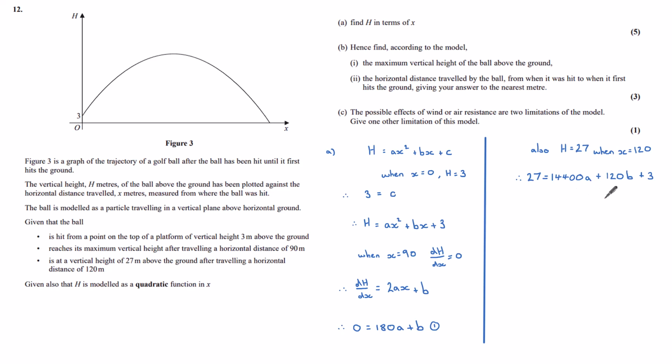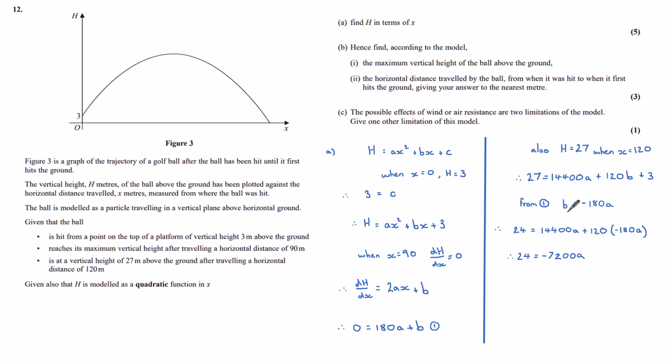Now again, this equation has two unknowns, but if we bring in our first equation, rearranging this, we can see that b would be equal to minus 180a. I can substitute that into this equation, so taking 3 from this 27 to give me 24, is 14,400a plus 120 of b, which is minus 180a.